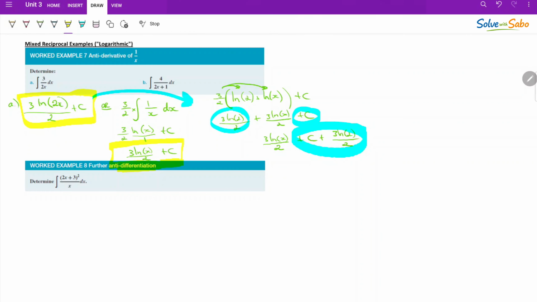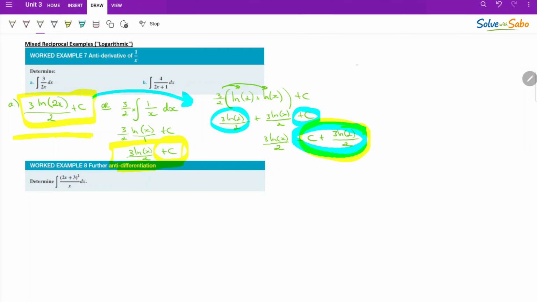The only difference is, yes, we're calling them both c, it's just a constant value that is being added to 3 ln x over 2. It just means that our c values in either of these equations are going to be different, but both of these are fine. In most cases, I'm going to happily accept this left one. That's fine if you want to do it that way. But you have to be able to do both methods if needed.